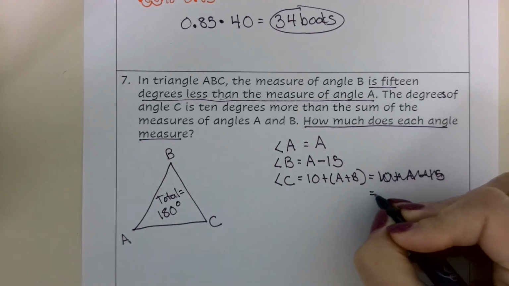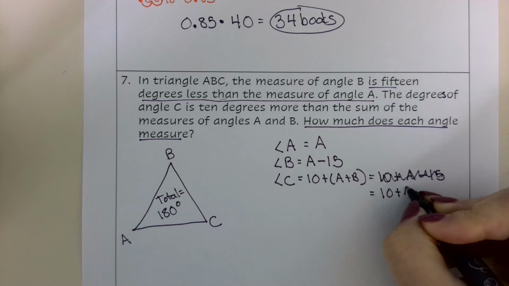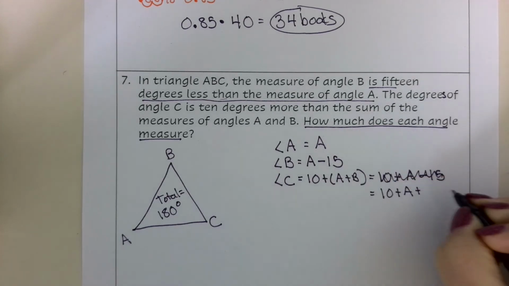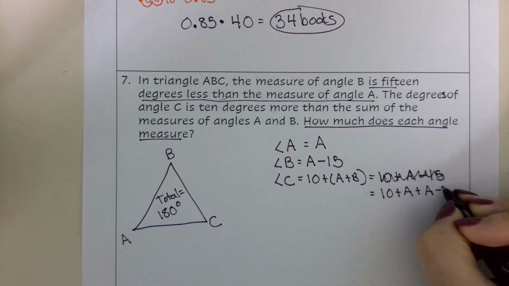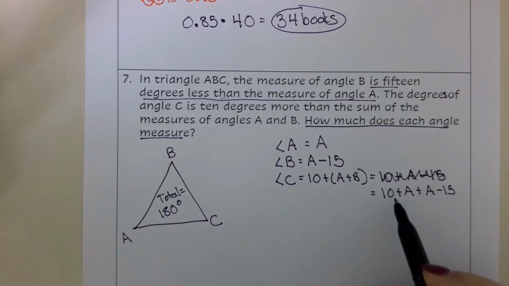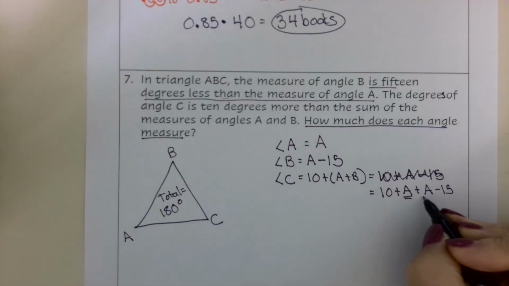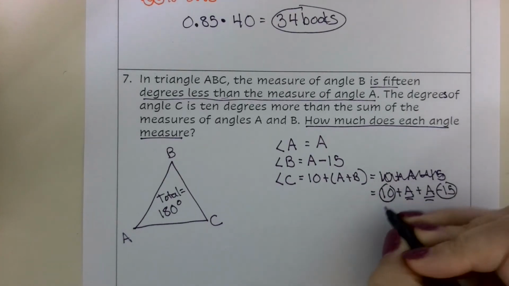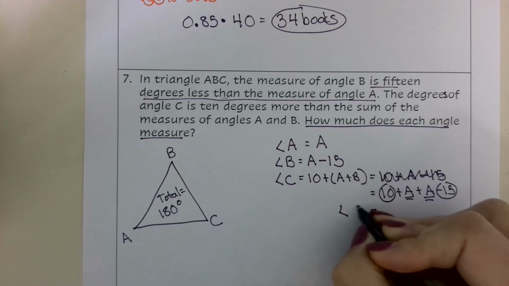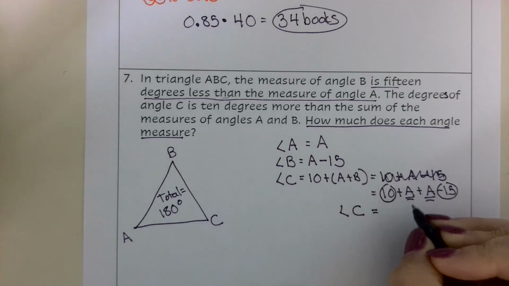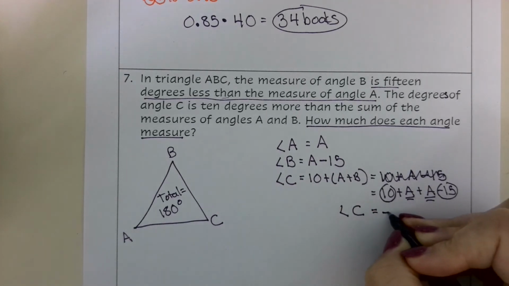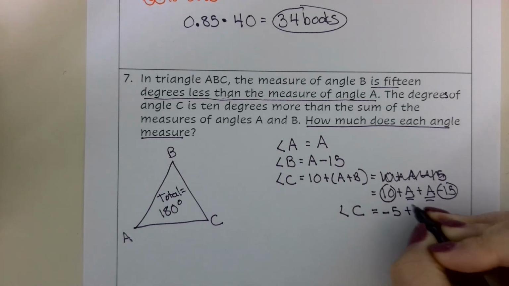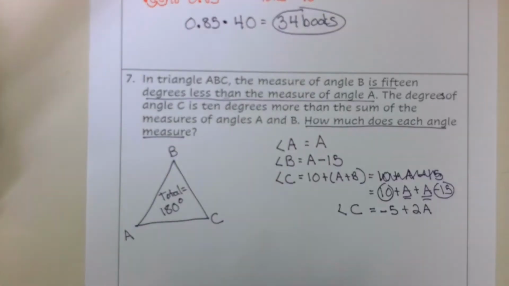So I have 10 plus A. Now I substitute A minus 15 for the B. So now I'm going to combine like terms. I've got my A's, and I've got my 10 and my negative 15. So angle C, in terms of angle A, equals negative 5 plus 2A.